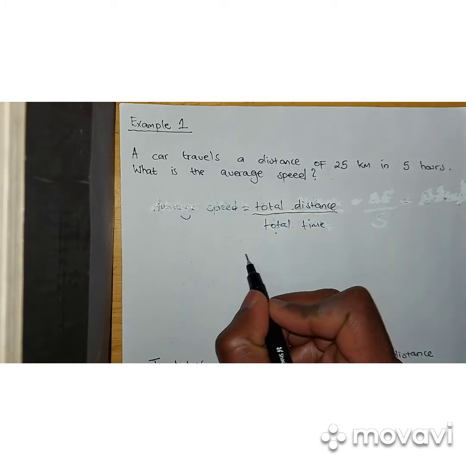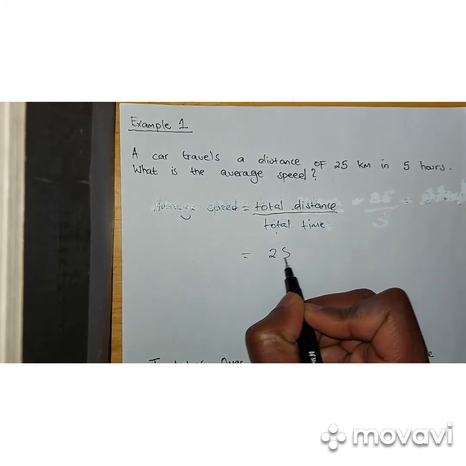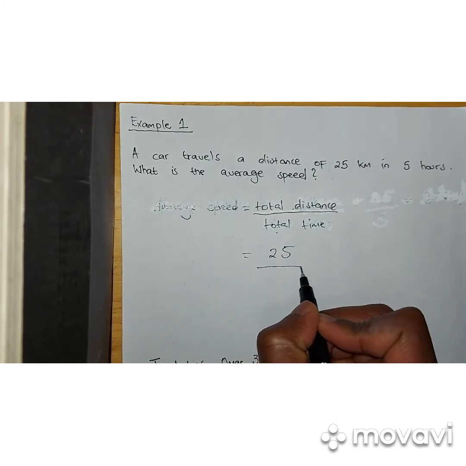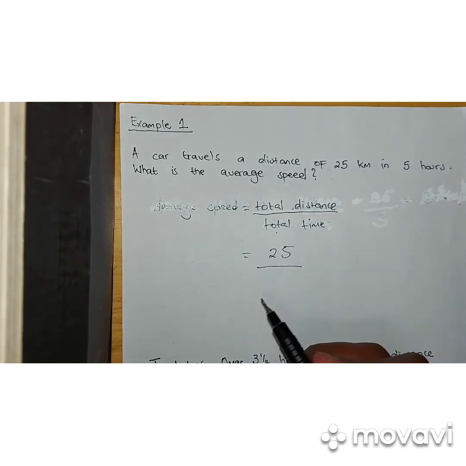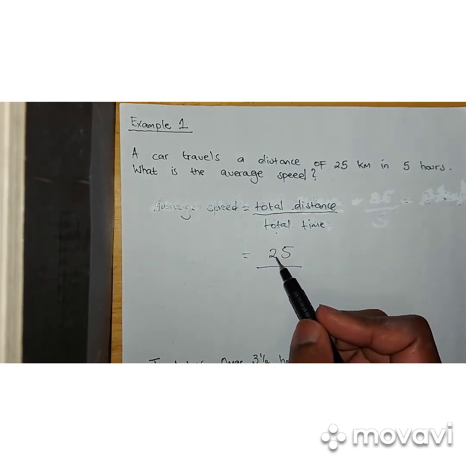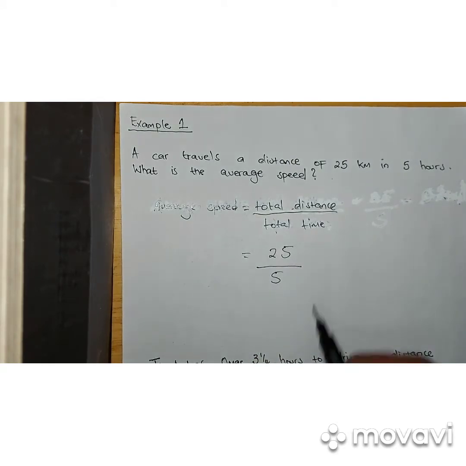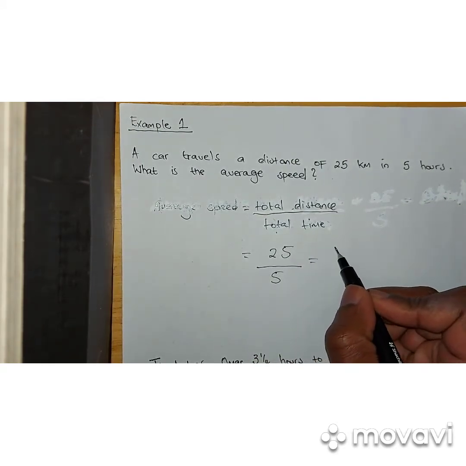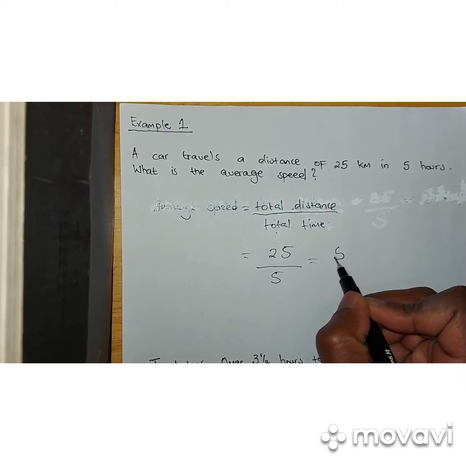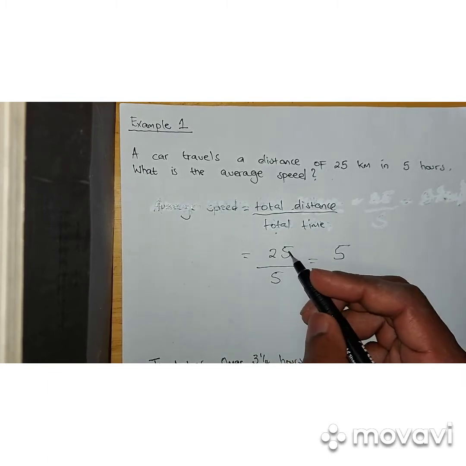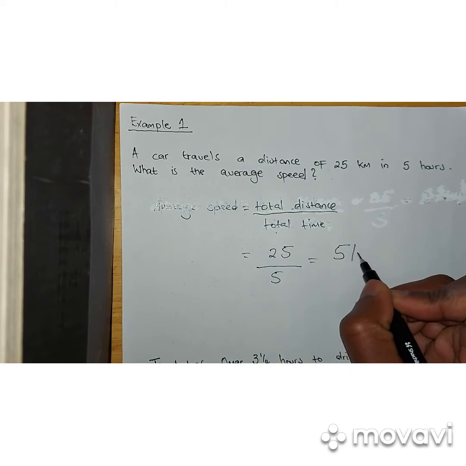Our total distance is 25 kilometers. Have we been given total time? Yes, we have. Our total time is 5 hours. So this will become 25 over 5. 5 goes how many times into 25? It goes 5 times.